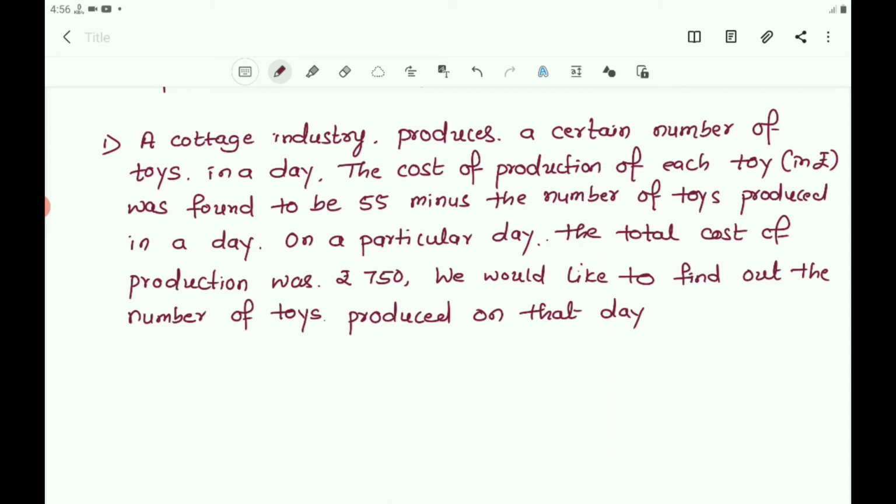Now, let us try to represent this situation mathematically. Let us take the number of toys produced on that day as x.